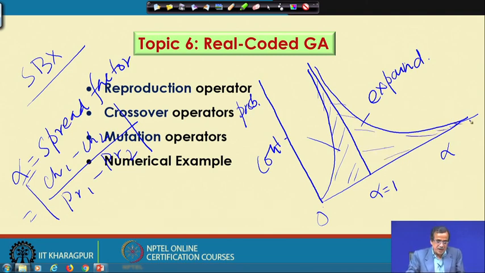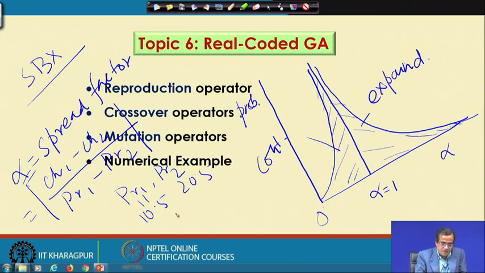Supposing that I have two parents, parent 1 and parent 2, with some numerical values, say one could be 10.5 and another 20.5, using these two parents I have to find child 1 and child 2.